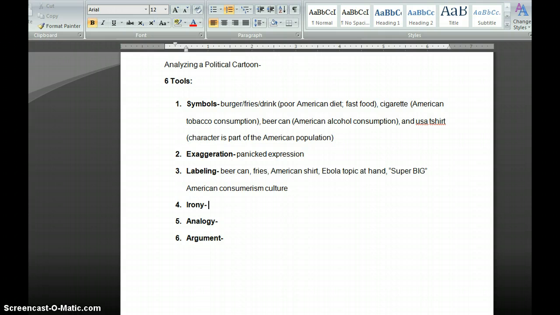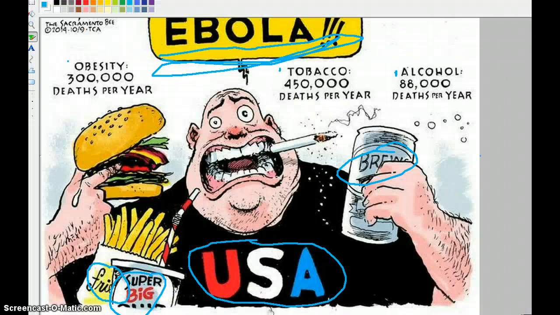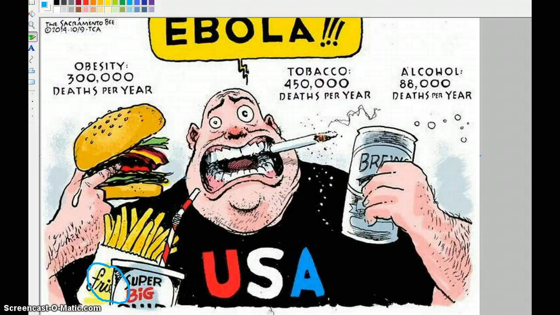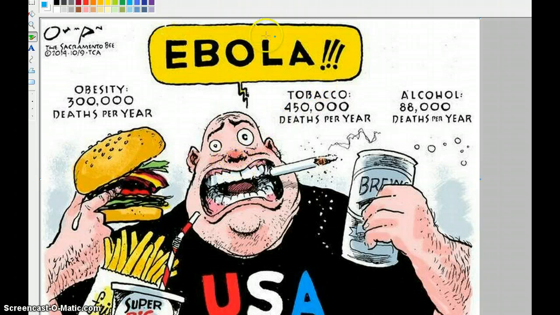Alright, so the next tool that we can analyze the cartoon from is its ironic angle. So clear all of that out. As we know, irony is that disparity between reality and your expectations, or what you think things should be. So the irony that I see going on in the cartoon is that this American is freaking out about Ebola.